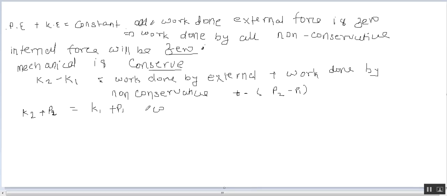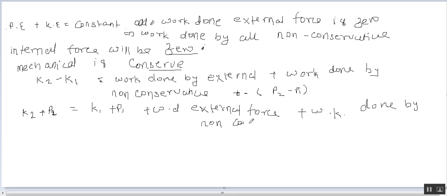Work done by external force plus work done by non-conservative internal force.